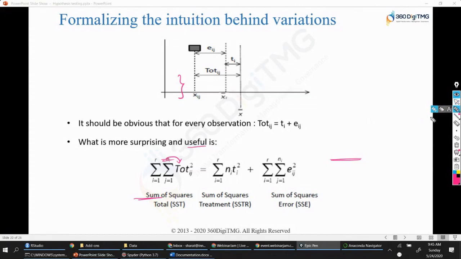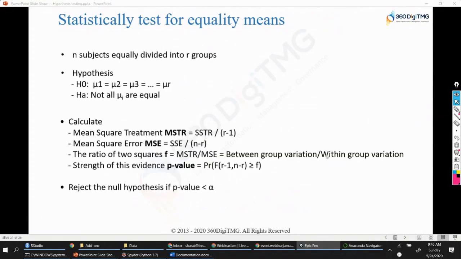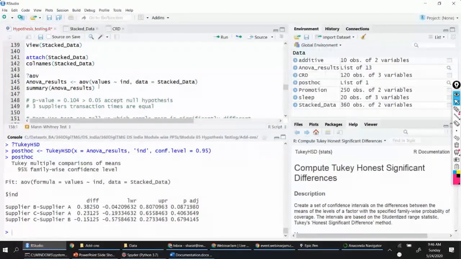So this is basically how we deal with ANOVA, which says between group variance, or variation between the groups, is what we need to find out, which gets affected by within group variance. So that's your ANOVA test case.